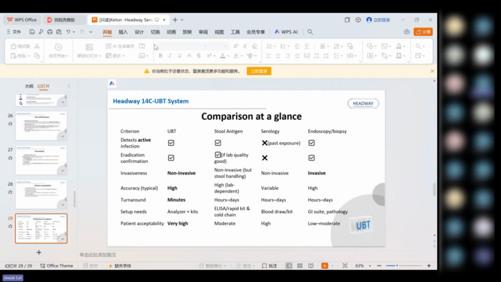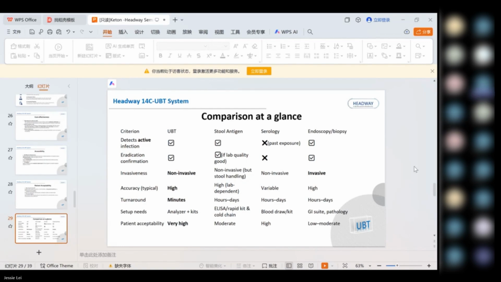There's a question from Nelson about the best sample of choice for urea breath test. What is the sample that is needed? The sample is air. The sample is just breath, the breath from our lungs.